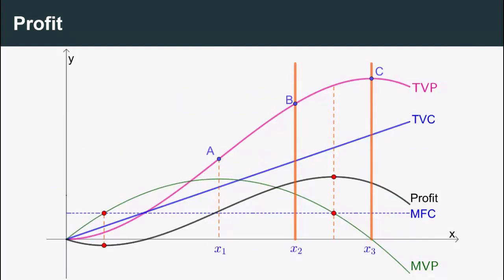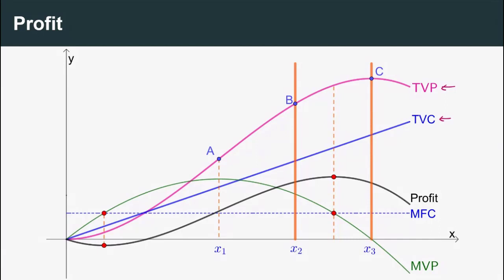Let's see what profit is in the graph. There are several curves on this graph, and let me go over them one by one and explain what the profit is in this curve. The first one is TVP, which is the total value of product. You should be already very familiar with this curve. The second one you need to pay attention to here is the total variable cost.